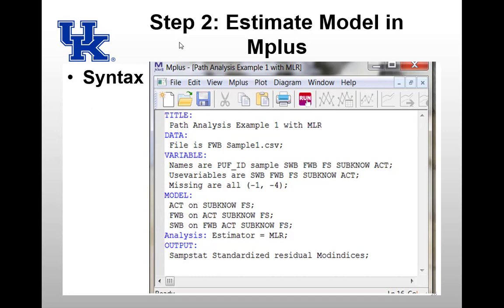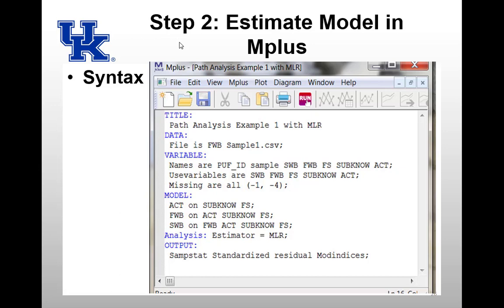We enter the file, and then I have simplified the data set. So I only have 7 variables in that. So we're going to use 5 of them. Missing data. For the demonstration purposes, I mistakenly, ignorantly deleted all my missing data, which is not advisable because Mplus, ML, and MLR can handle missing data.